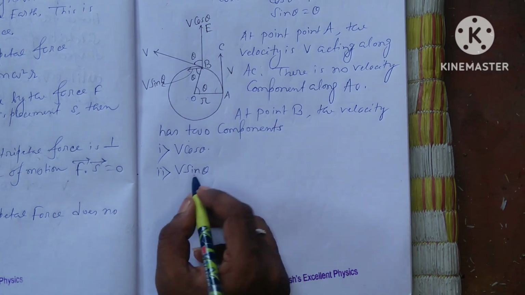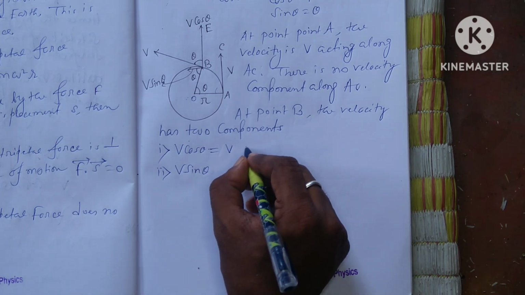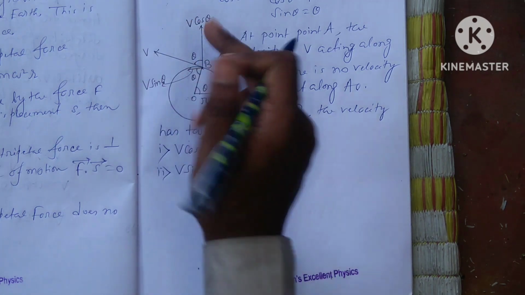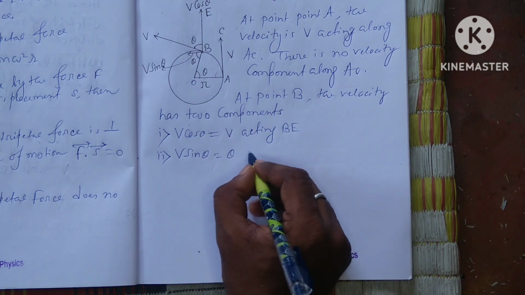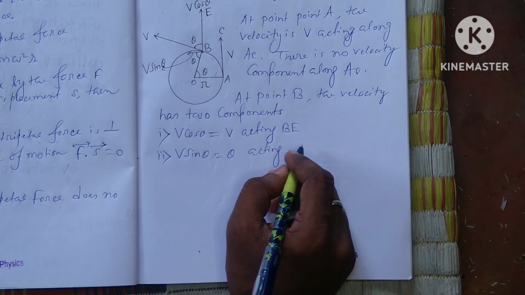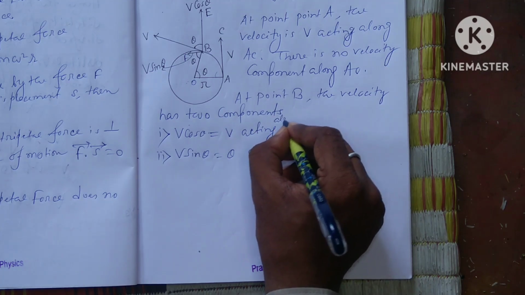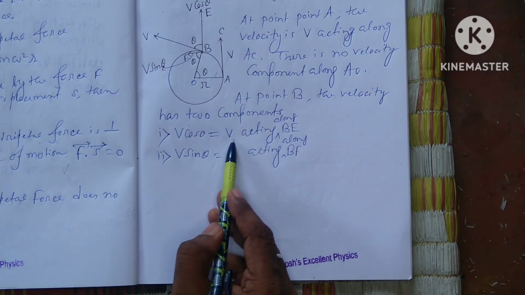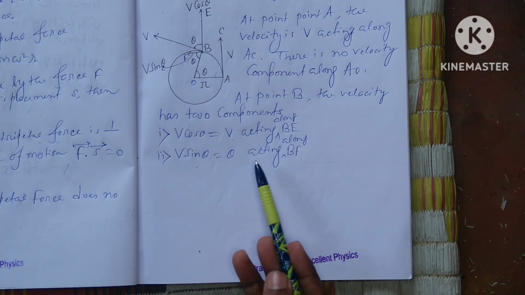Since theta is very small, v cos theta is v, acting along BE, and v sin theta is v theta, acting along BF.